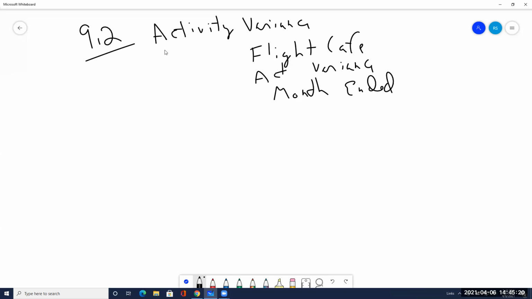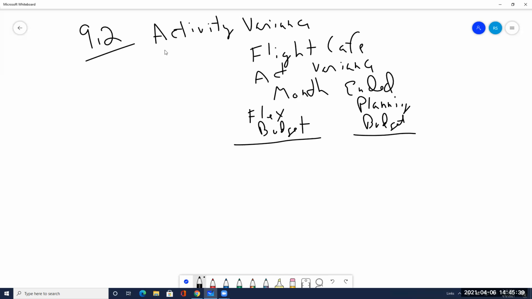Your textbook puts the flexible budget in the first column. It's going to put the planning budget in the second column. And it's going to put the activity variance in that third column.